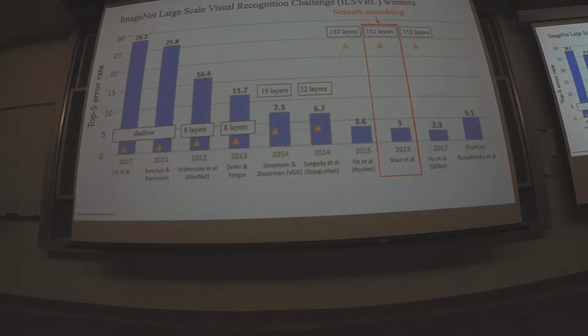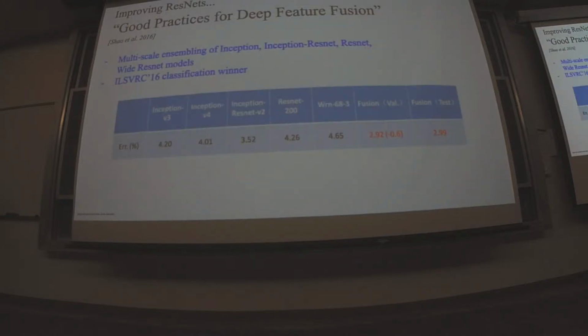This is all following on from 2015. What happened in 2016? What did the winner look like? Basically, the winner took all of these innovations that we were just looking at and put them all together in a big ensemble model: Inception V3, Inception V4, Inception V2 with residual connections, a deep ResNet, the wide ResNet.